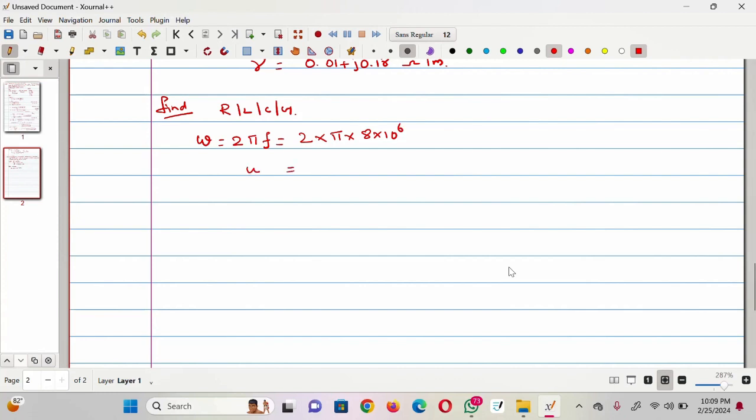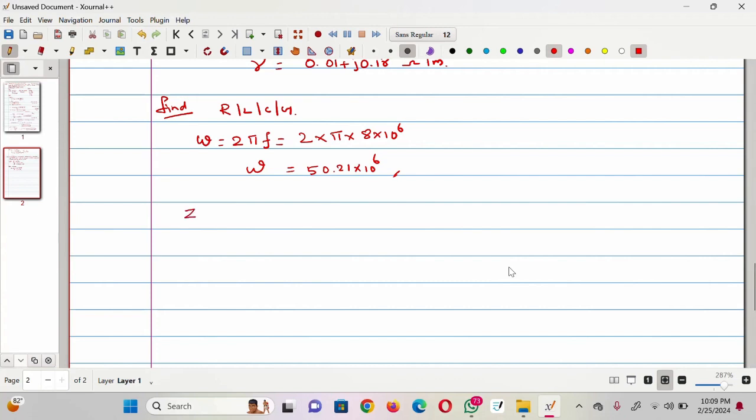Finally, we get omega equal to 50.21 into 10 to the power of 6. By using this omega, we can get the R value, L value and C value.